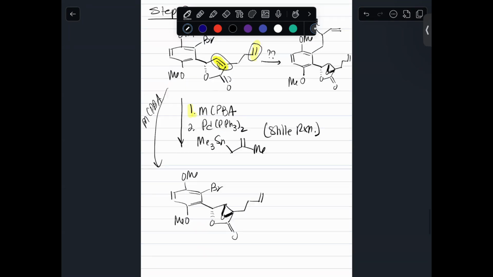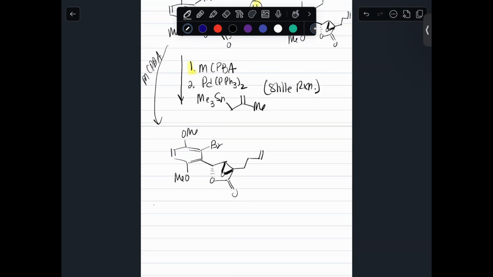Again, if you remember epoxidations, this is just a quick review. Oxidations in the presence of a peroxy acid, okay, attack your alkene, attacks your oxygen to generate your epoxide and to form a carboxylic acid, okay?